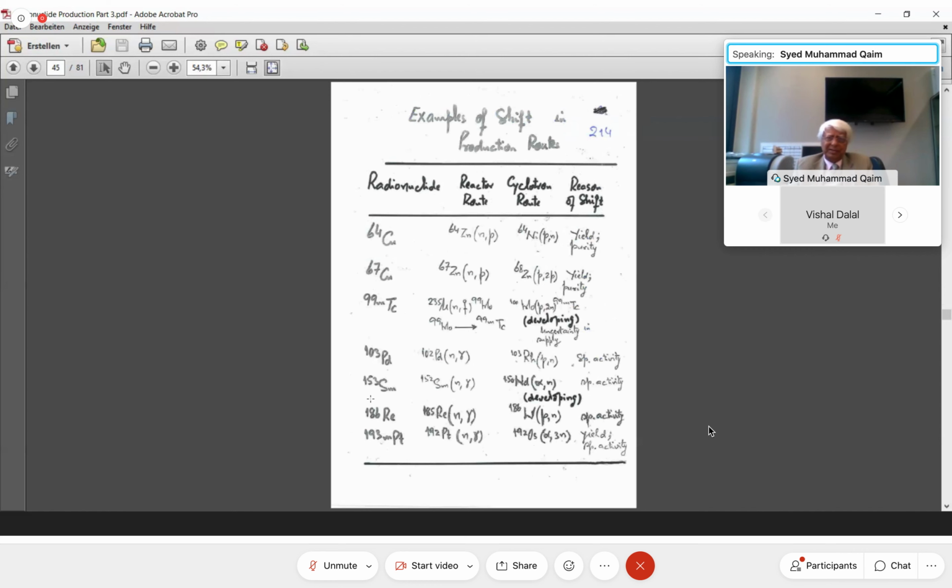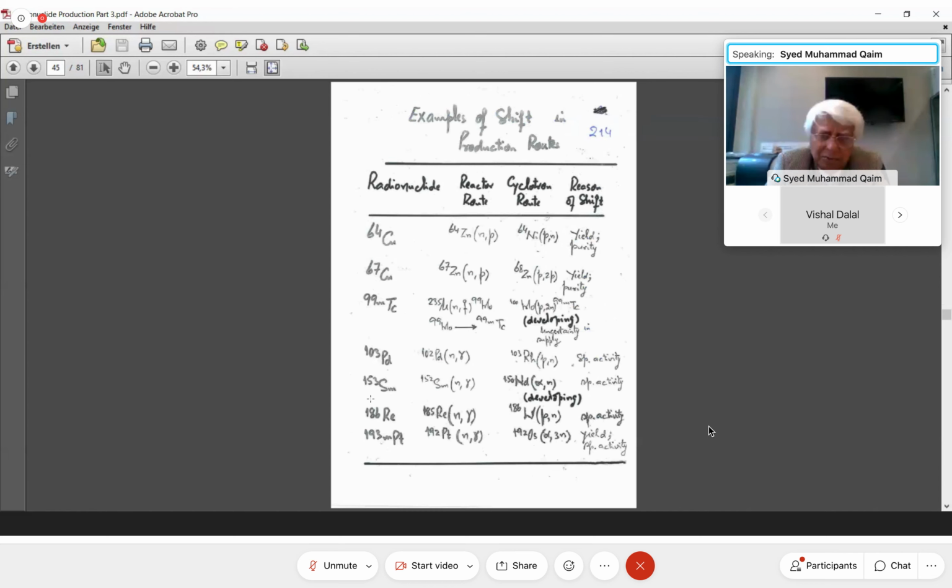Here are a few examples of shifts in production routes. The radionuclides were produced in reactors and one has shifted over to cyclotron. Let us see why. Radionuclide copper-64 was produced in reactor through the n,p reaction on zinc-64.